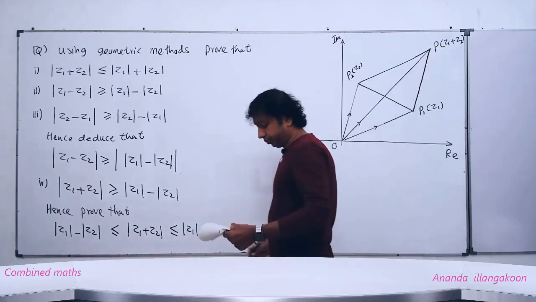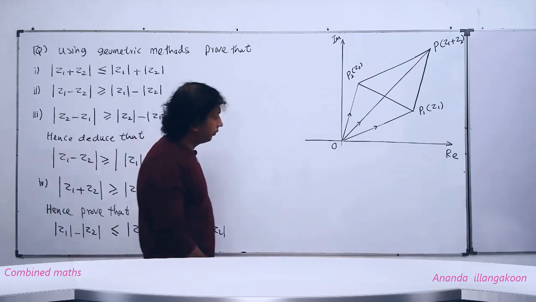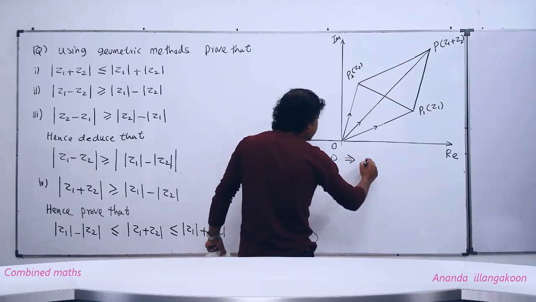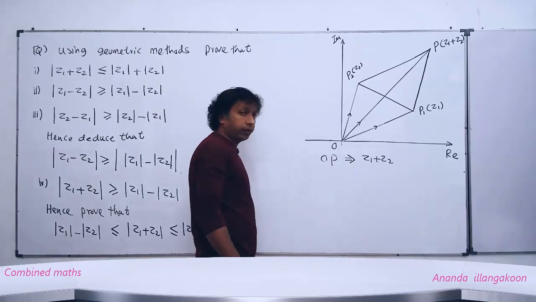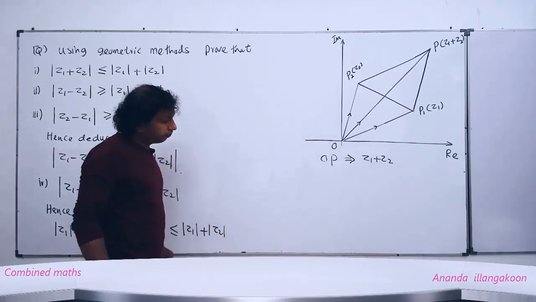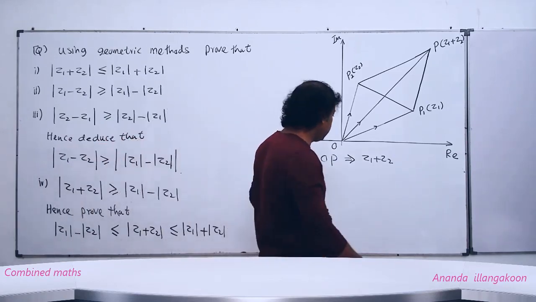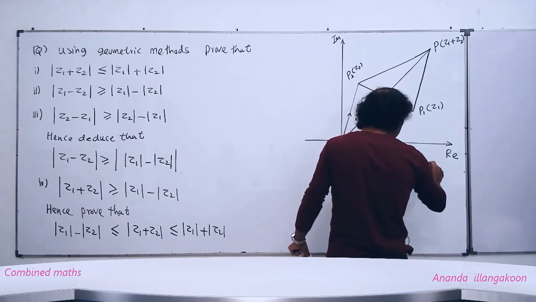Right. Then you can very clearly see, this OP line segment represents the complex number Z1 plus Z2. Then OP length is equal to modulus of Z1 plus Z2.